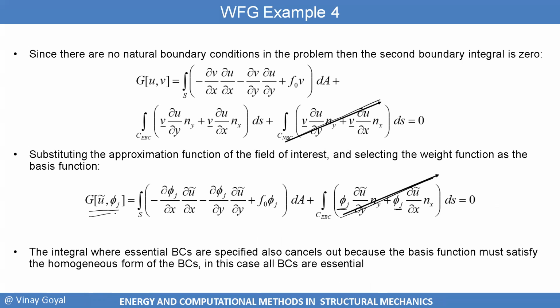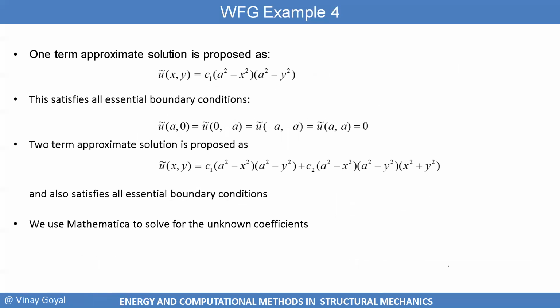And now I'm ready to substitute the approximation function, and I'm ready to substitute del u or v for each of the phis. And then I'm able to go ahead and select an approximation function that satisfies the essential boundary conditions. You can see that's a very good one. You get zero everywhere on the edges of the rectangle. You also can add another term that works really well as well, and satisfy all the essential boundary conditions.